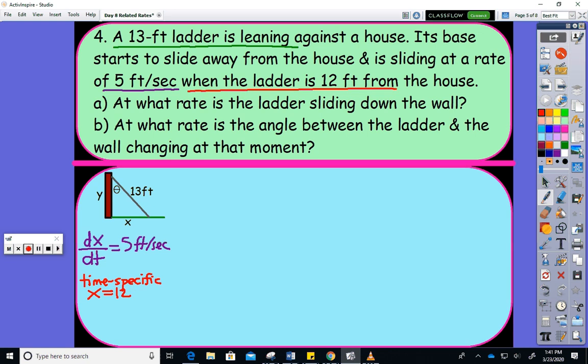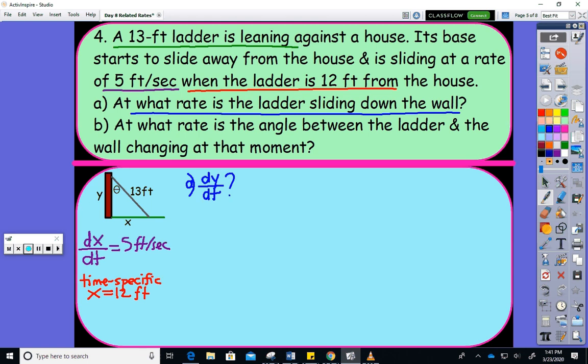That's going to be important. Remember, you cannot put time specific values in an equation before you take the derivative. At what rate is the ladder sliding down the wall? Now, at what rate is the ladder sliding down the wall? That tells you in part A, your question is, what is dy/dt?